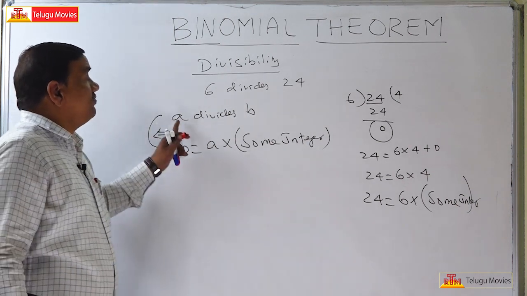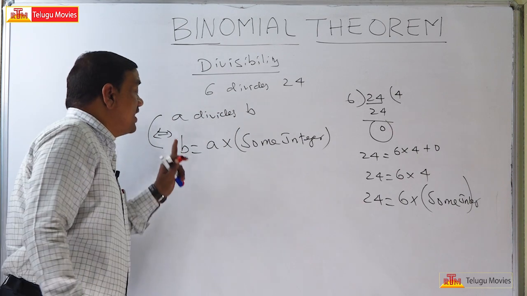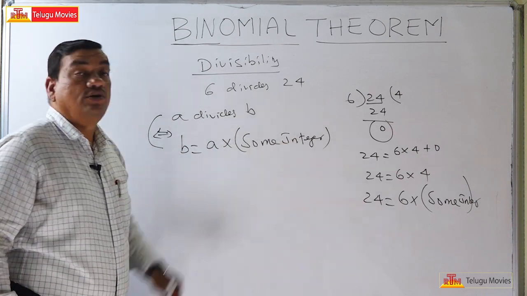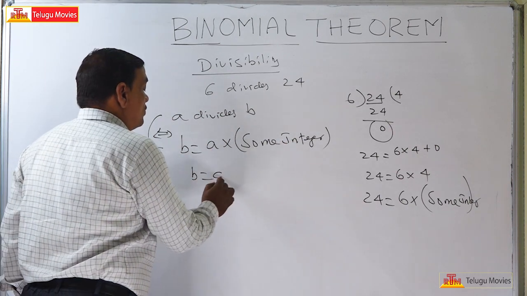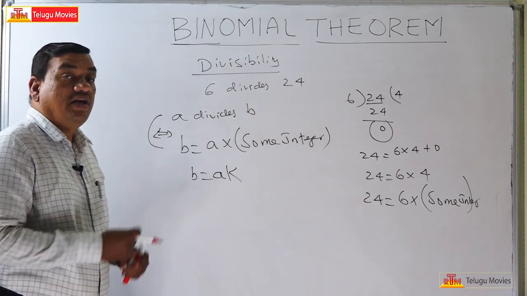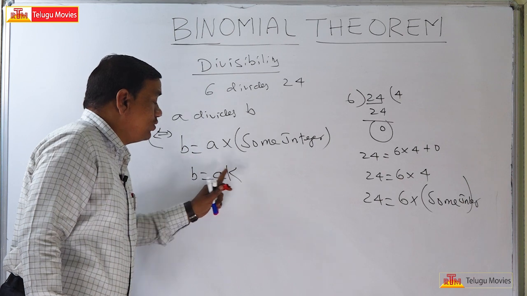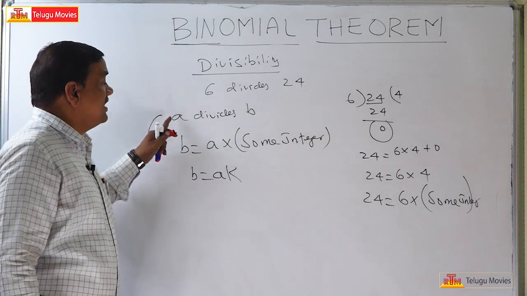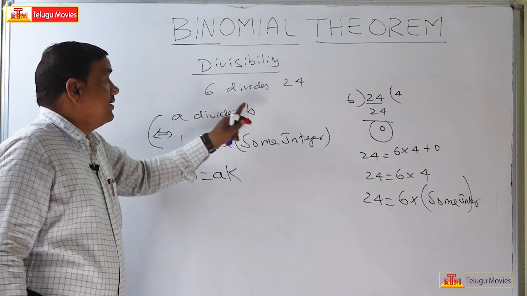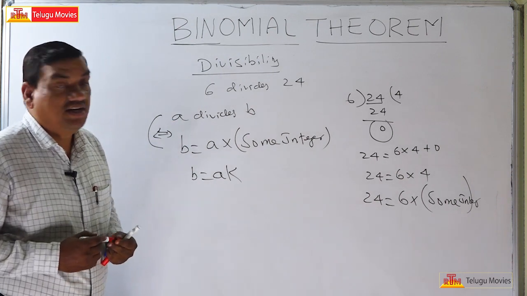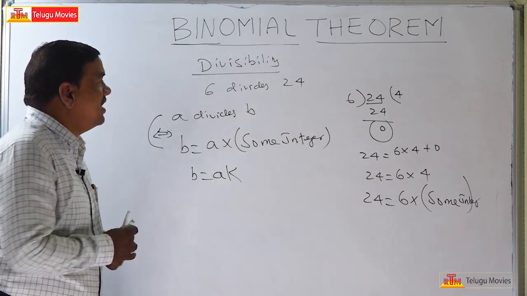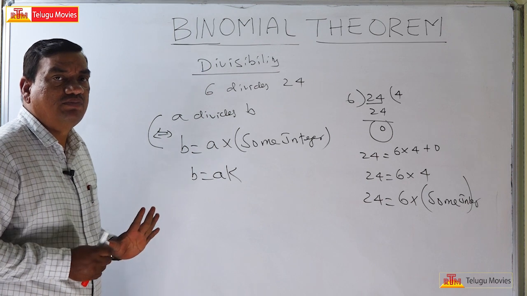If A divides B, then you can write B is equal to A into some integer, that is, B is equal to AK. If you are able to express B is equal to A into K, then we say that A divides B and B is divisible by A. Understand? Okay, so this is the very simple divisibility concept.